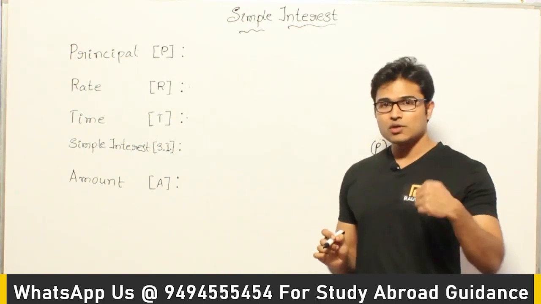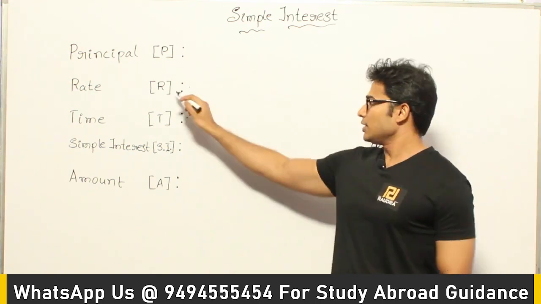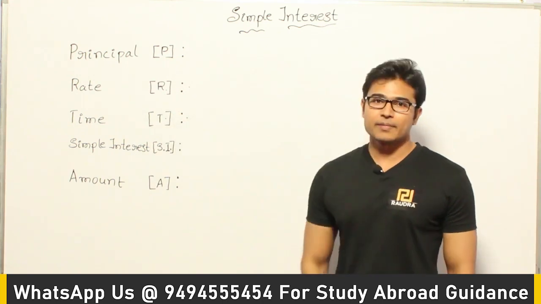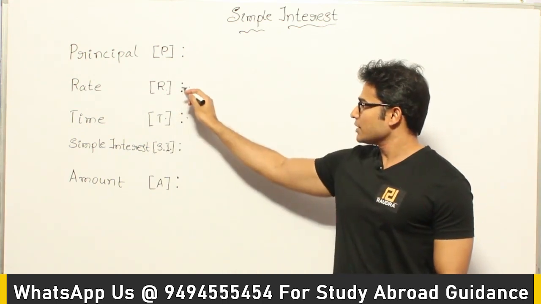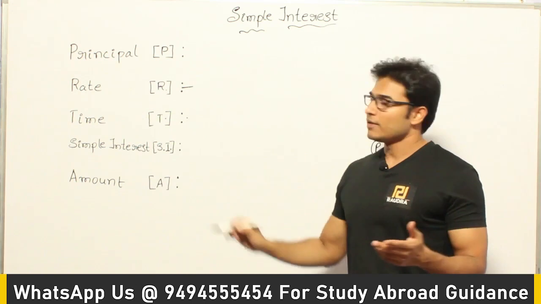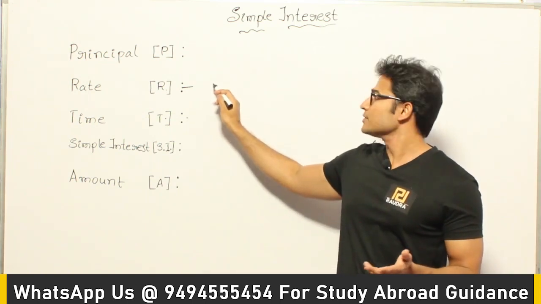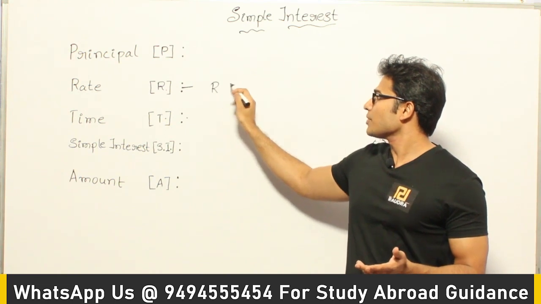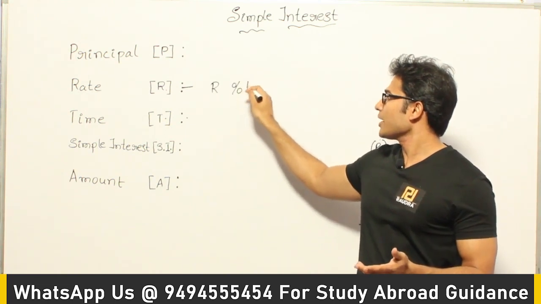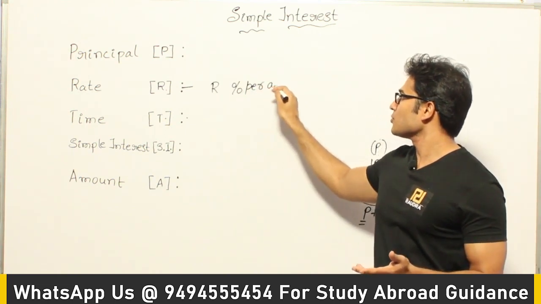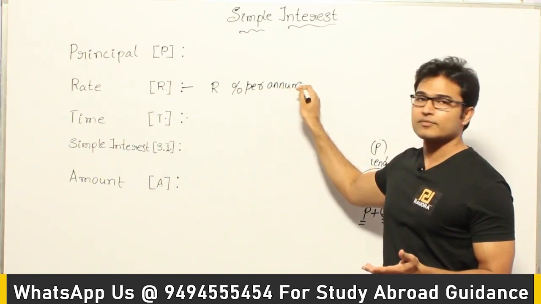Now what is the total profit percentage? Here you are going to use R into T. So they say that for 1 year, per annum, let us assume that the interest you are getting is R percent per annum, which means every year you are supposed to get this much profit.